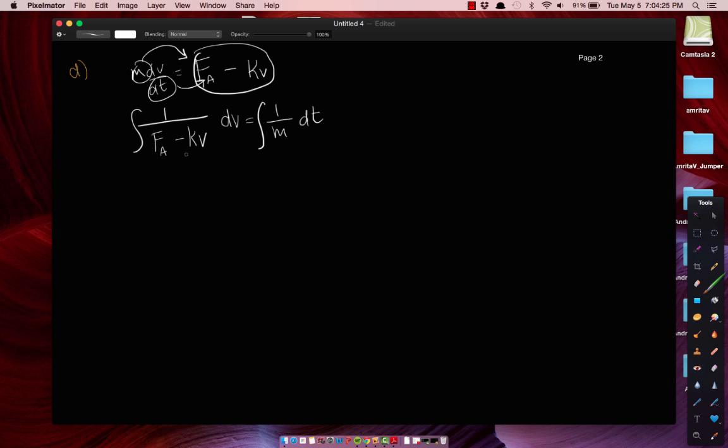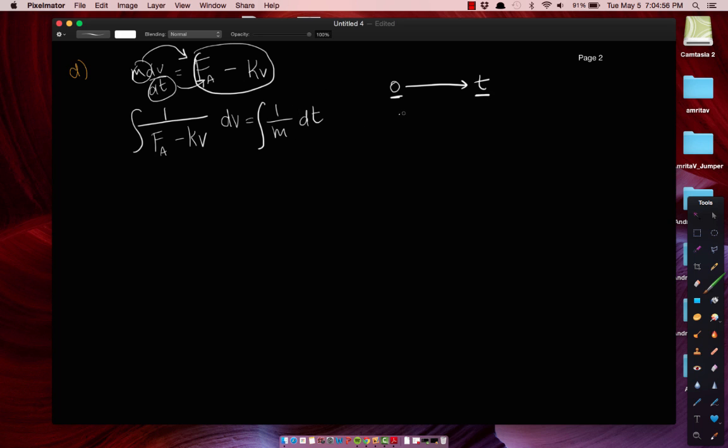Okay, so now we need to put in our upper and lower limits. As they said in the problem, they want it as a function of time. So we want to take this equation from 0 to some time t, right? You're looking for the velocity as a function of time. So our bounds for t are from 0 to t.